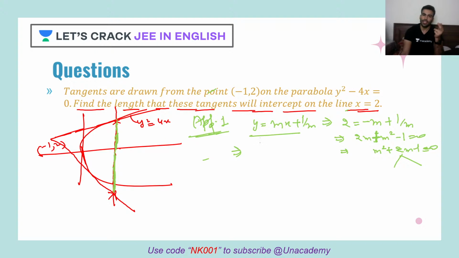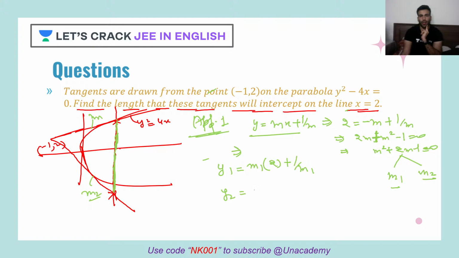So let's use SYM's approach. Let's be smart enough here. Try to listen to that. Let's say I got m1 and m2, two values I'll get, correct? So if I call this m1 and this m2, y1 will be m1 at 2 plus 1 upon m1, correct?